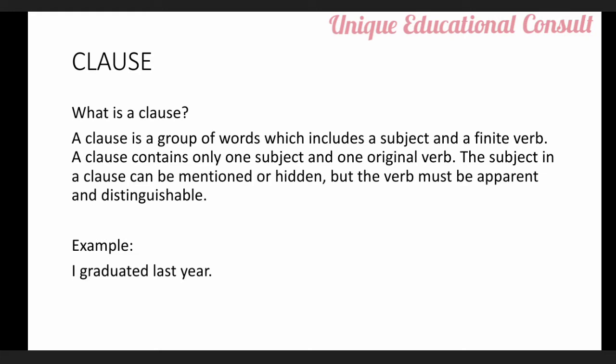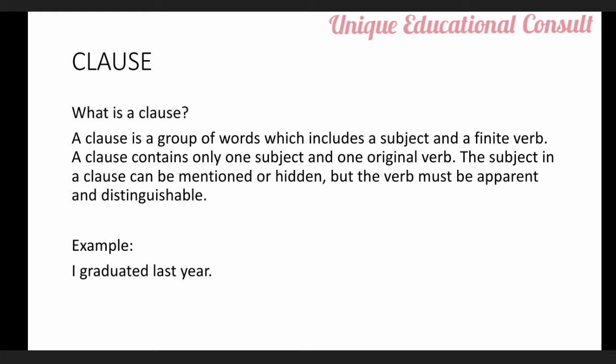Clause. A clause can be a group of words, or you call it multi-words, which includes a subject and a finite verb. That is, in the group of words called a clause, it is a must. We have a subject and also a verb.